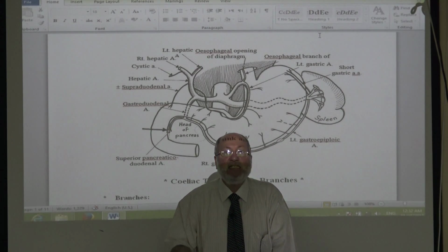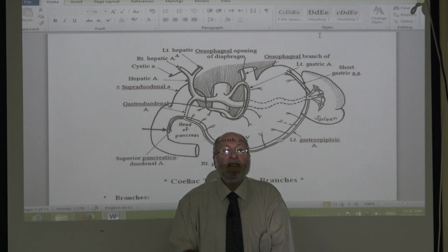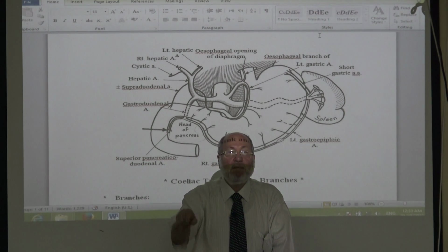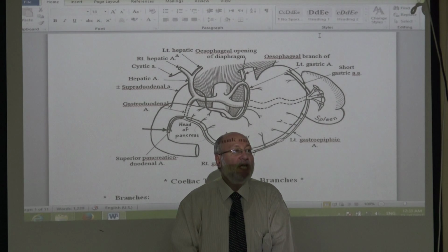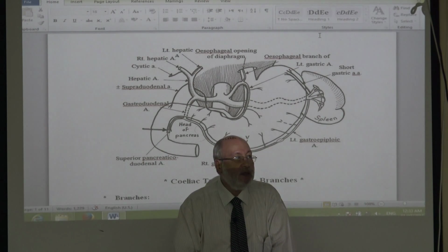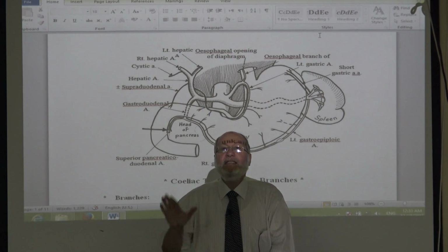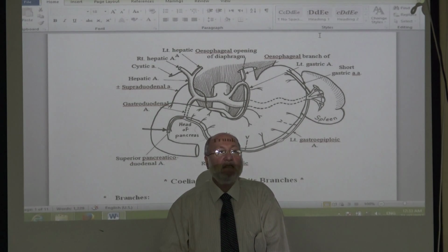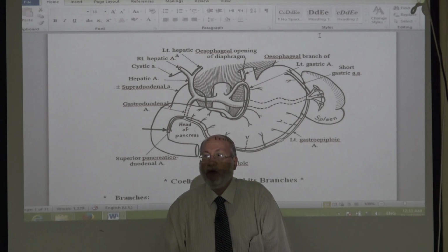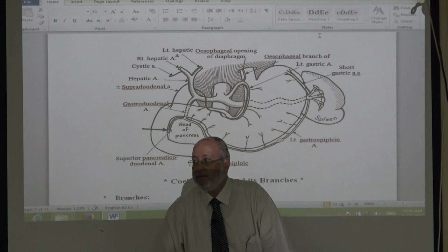Therefore, the celiac trunk is the arterial supply of the foregut. When the midgut is formed, its arterial supply is formed, which is the superior mesenteric artery. When the hindgut is formed, its arterial supply is formed, which is the inferior mesenteric artery.